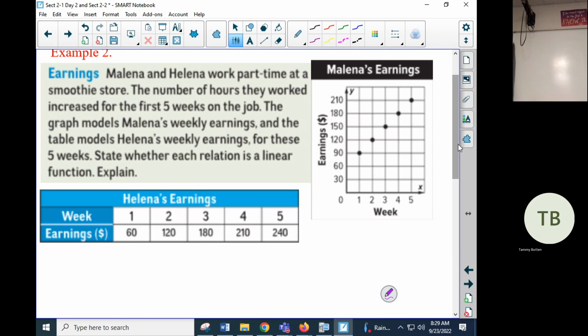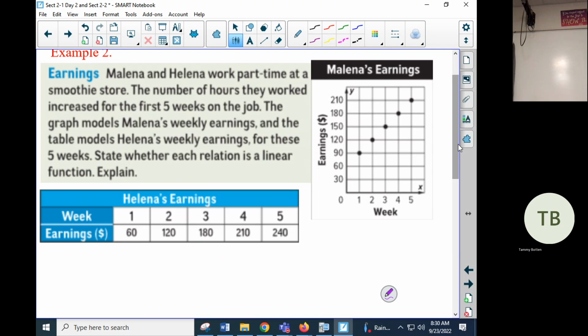So if you notice, they're increasing here. And then these are the weeks for Helena, and notice her numbers are increasing also. The graph models Melina's weekly earnings, and the table models Helena's weekly earnings for these 5 weeks. State whether each relation is a linear function.